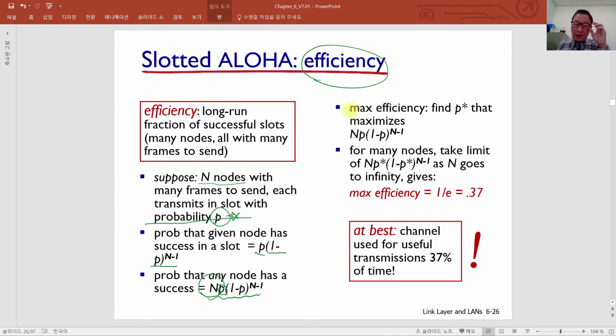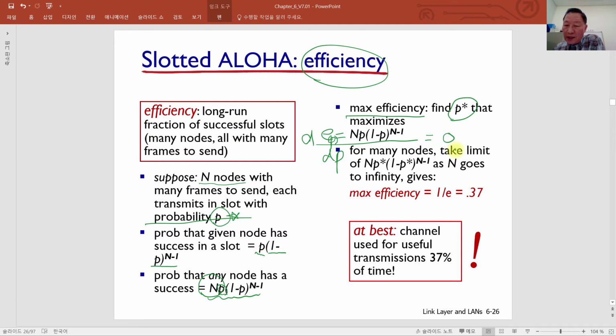And maximum efficiency, we are trying to find out this maximum efficiency. If we assume this is the efficiency, then we are trying to find out this parameter p, using the derivative, simply like this, and try to find that p maximum.